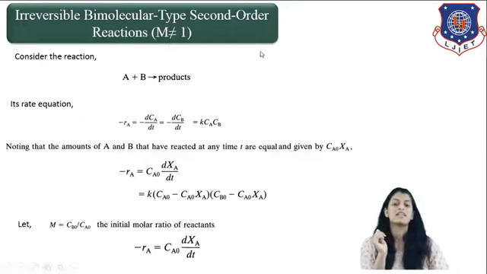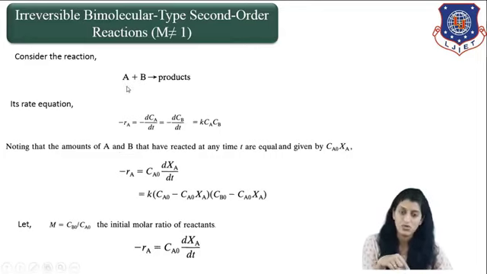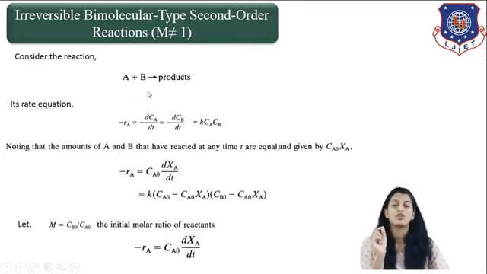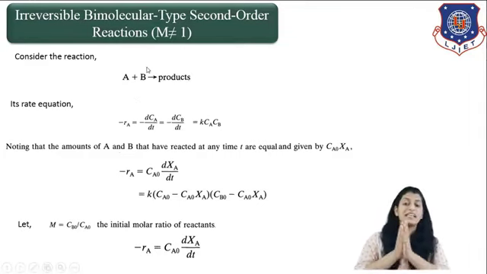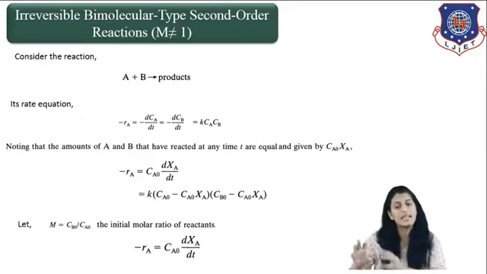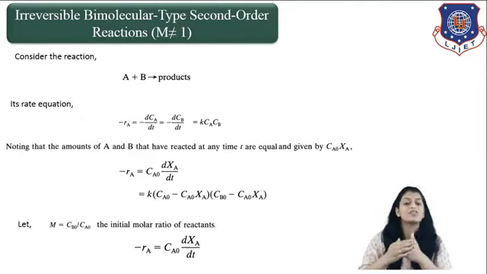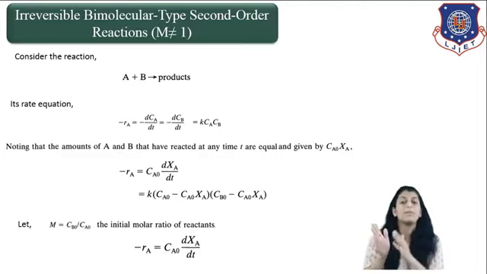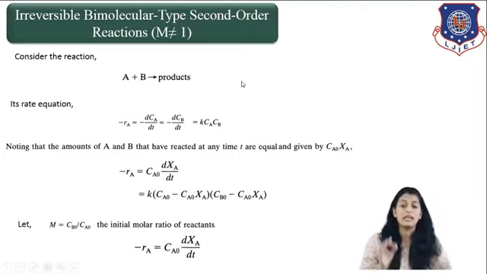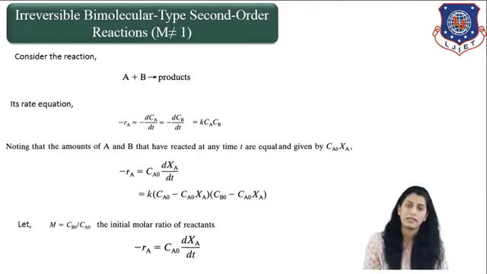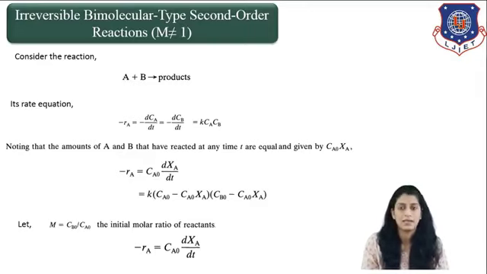If CA0 and CB0 are equal, then M equals 1 and we can directly use 2A giving product. But in this case, as the initial concentrations of both the reactants are different, we need to specify M not equal to 1. And what is M? M is basically the initial molar ratio of the reactants.